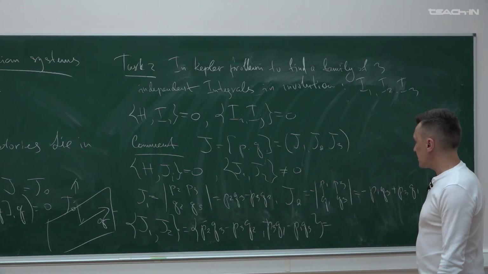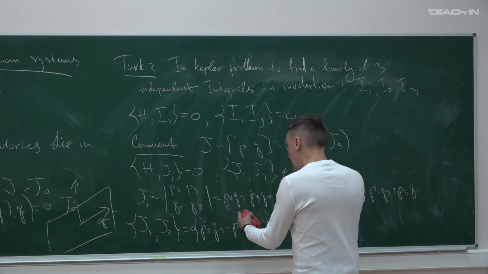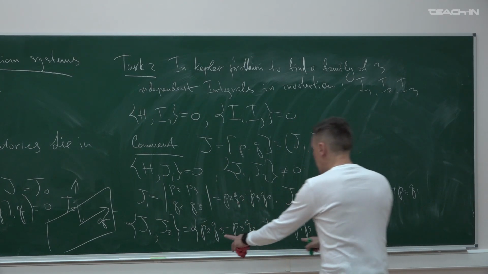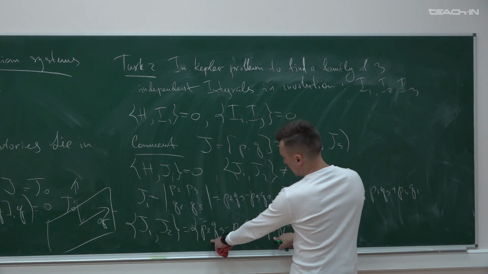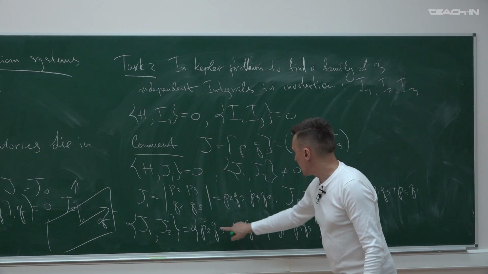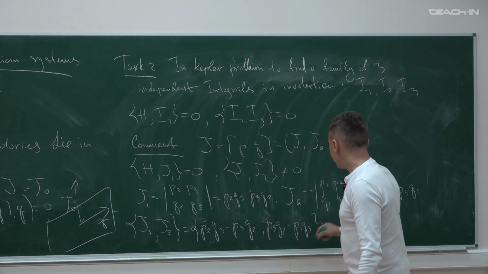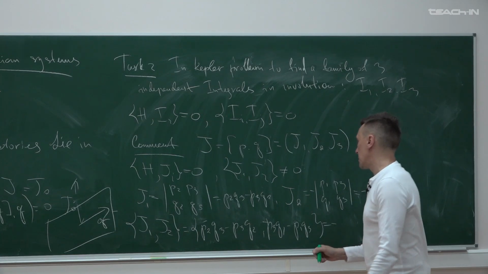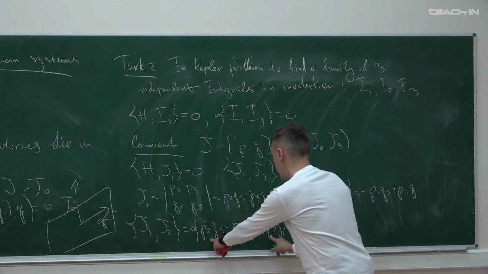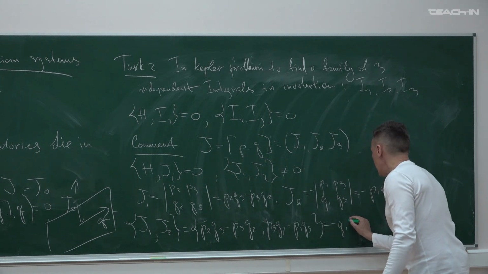So it's bilinear, so we should calculate all terms with all terms. If we calculate these two terms, we obtain minus 1 times the Poisson bracket of Q3 and P3. And we get minus 1 Q1 P2.